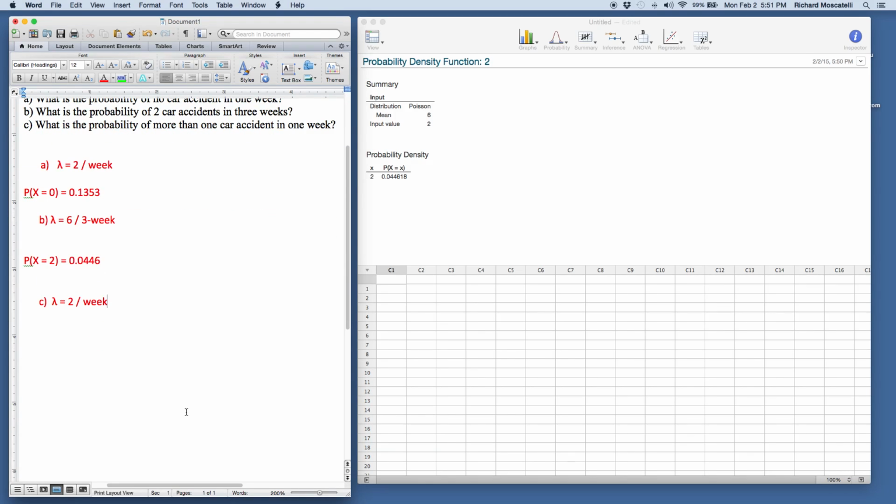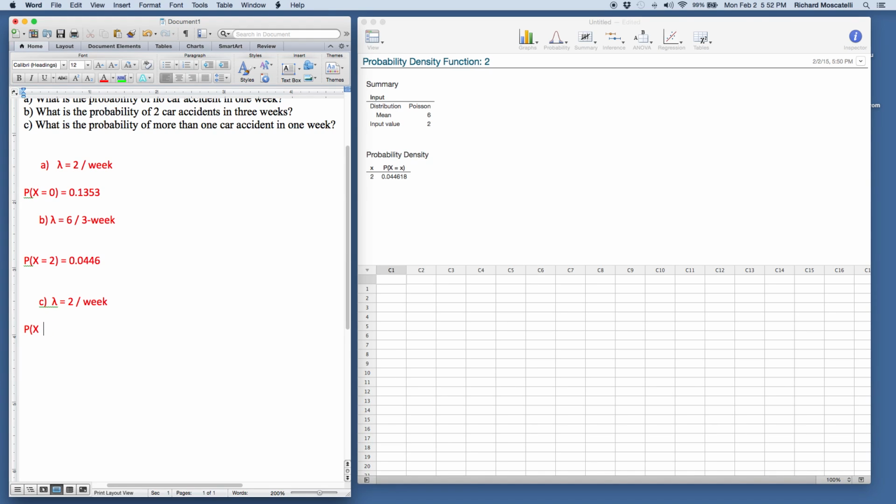All right, so let's talk about the probability statement right now. So this says the probability that x is more than 1. Greater than 1.